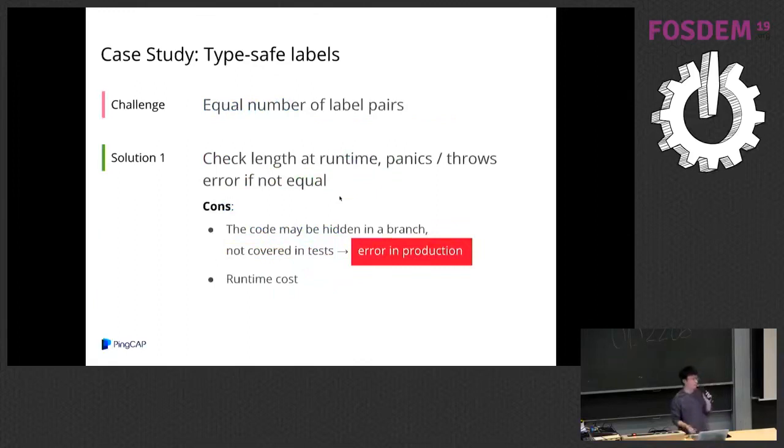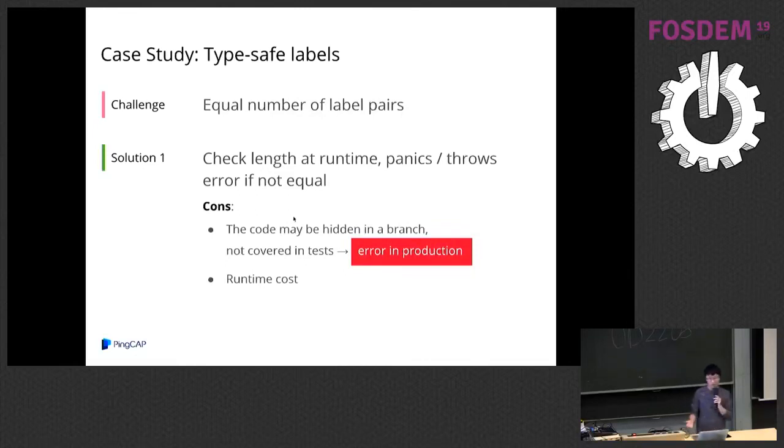So how can we do that? Normally, we can just check the length at runtime, and if the length doesn't match, we can panic or throw errors. This is very simple, but there are some disadvantages. For example, your code may be hidden in a branch so that your tests will not cover it.